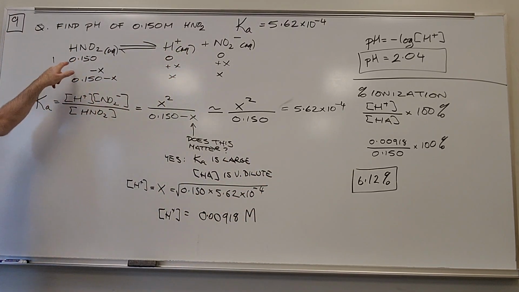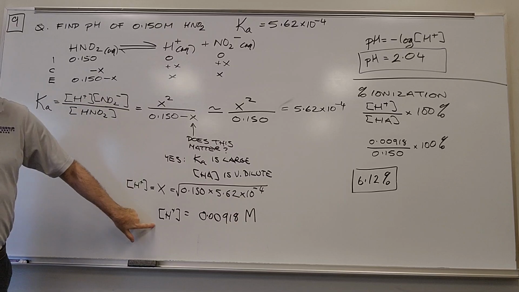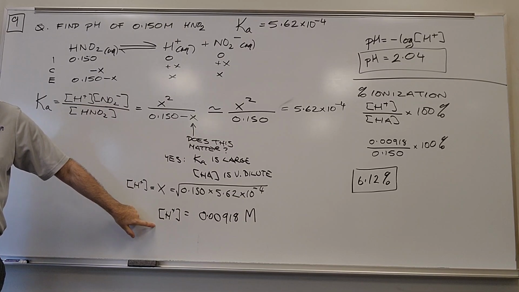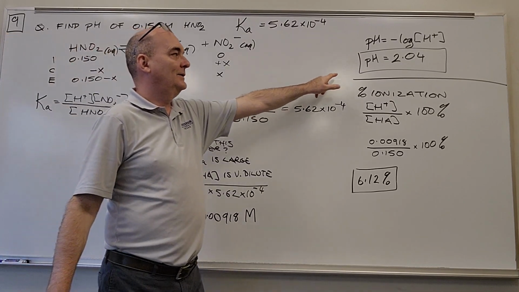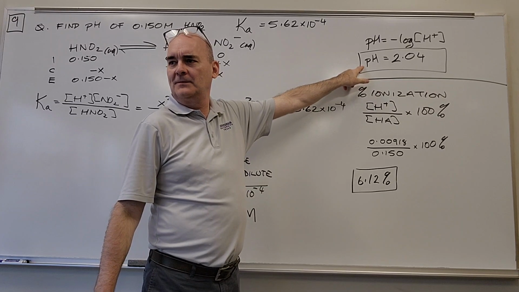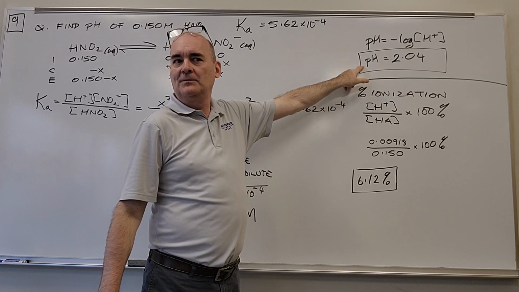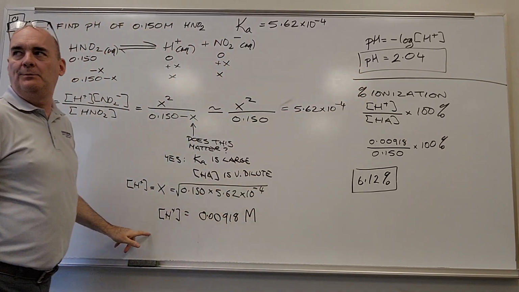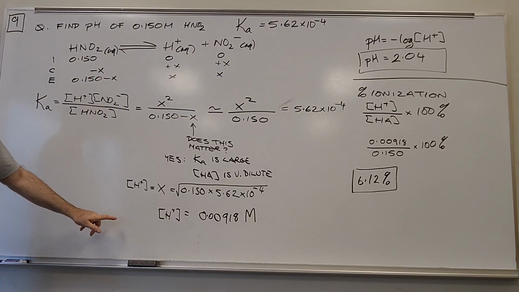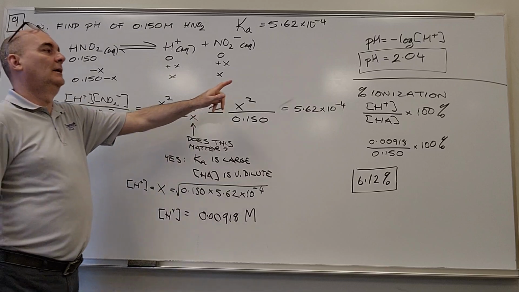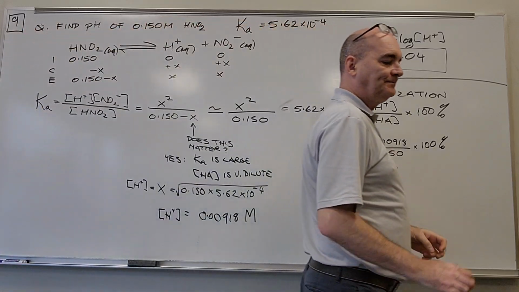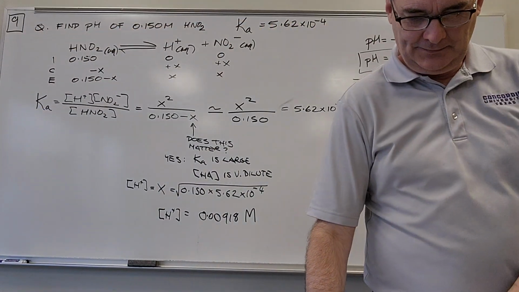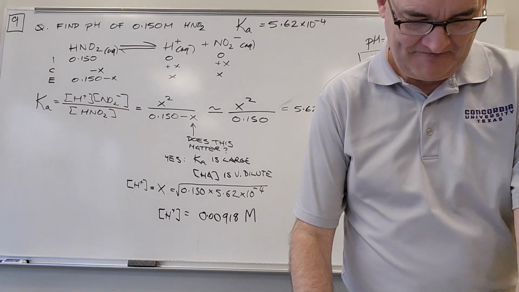Now, when I make this more concentrated, that number goes up. And does that number go up or go down? Yeah. Stronger acid means lower pH. Bigger H plus. So stronger acid means bigger H plus, smaller pH. Okay. Let's move on.